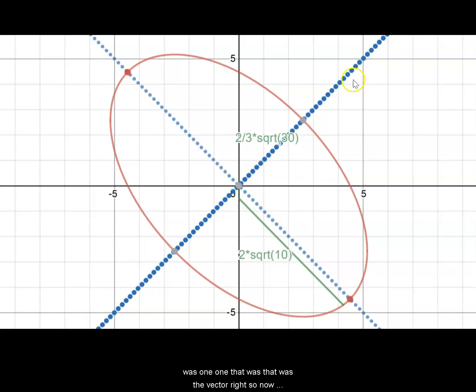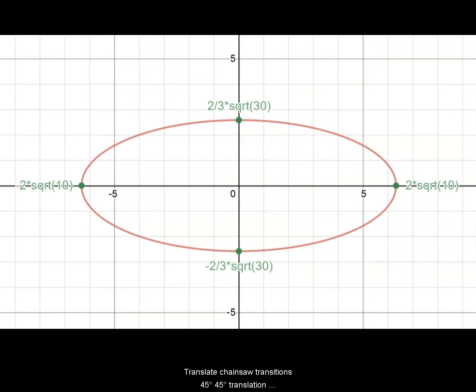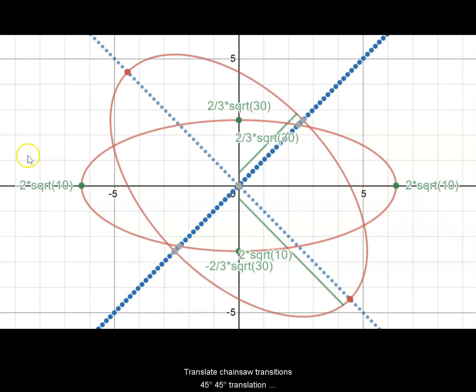That is going to be the axis that I'm on, and the length that I have for that is 2/3 square root 30. So it's the exact same thing that we had before, but rotated.